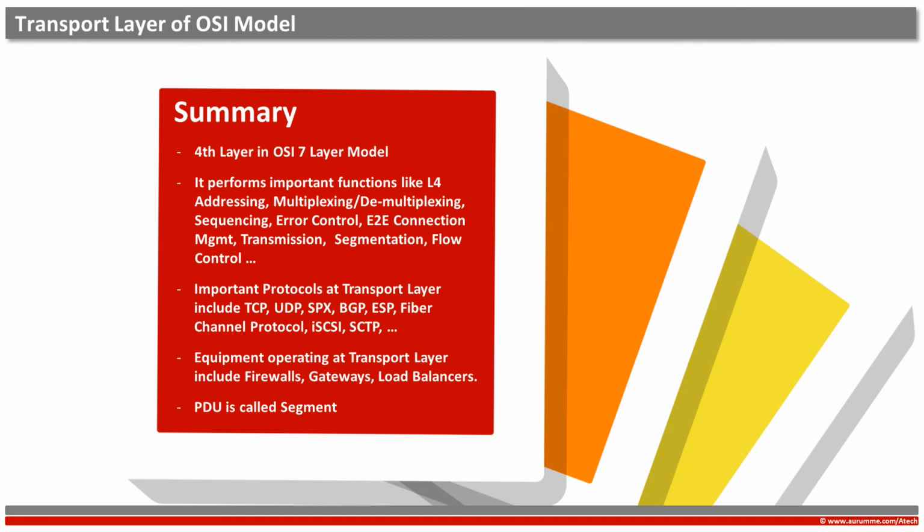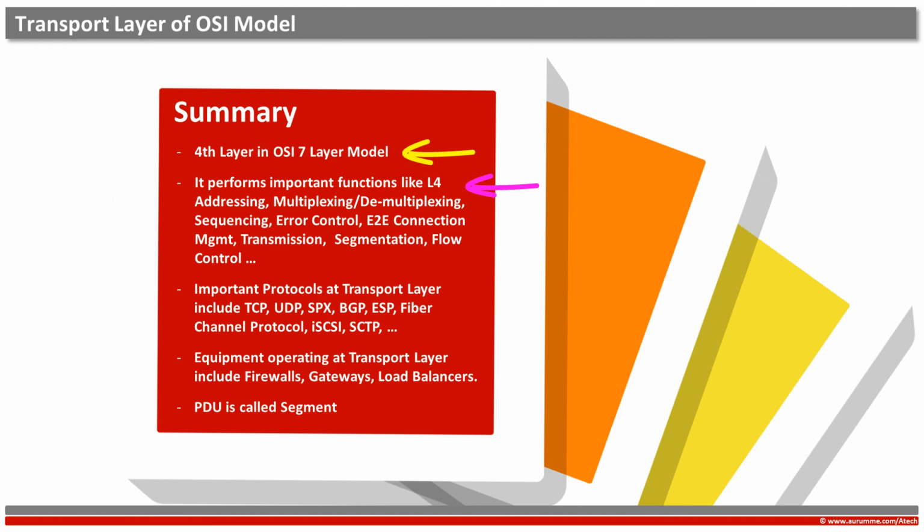Let's summarize the transport layer. It is the fourth layer in the 7-layer OSI model. It has the important concept of port numbers which we have already discussed in detail. It performs important functions like layer 4 addressing, multiplexing, demultiplexing, sequencing, error control, connection management, transmission, segmentation, flow control, and so on.